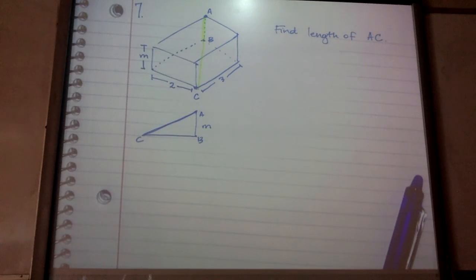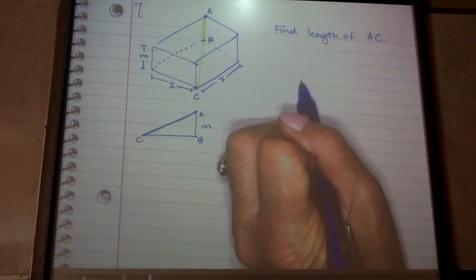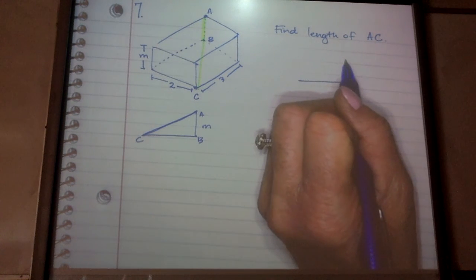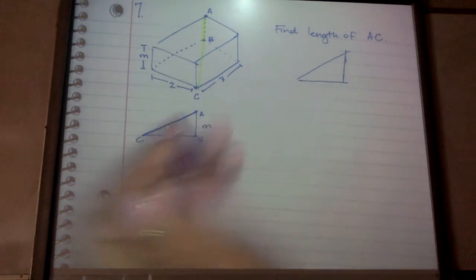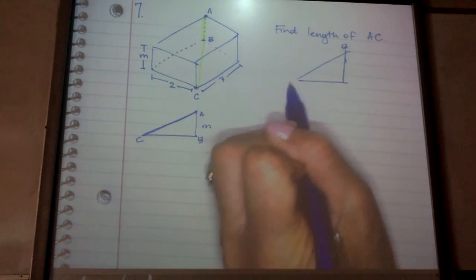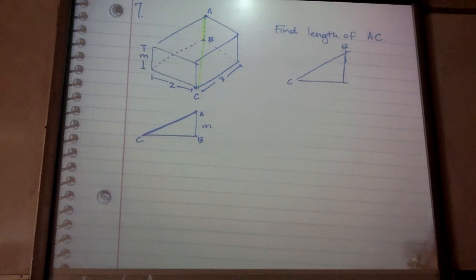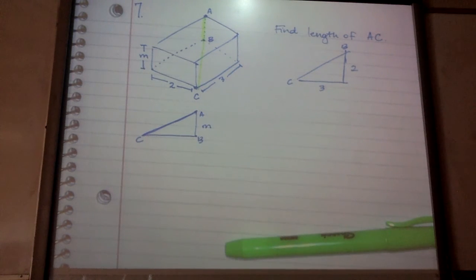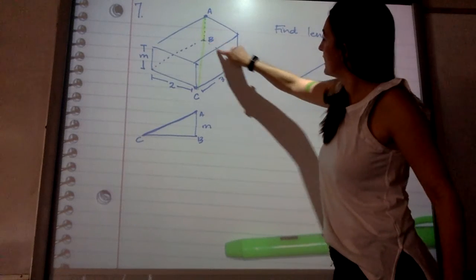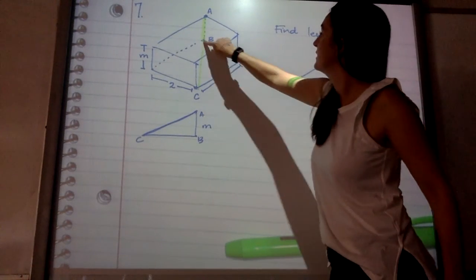I don't know what that is, but I bet that if we redrew this, BC would be, this would be 2 and this would be 3. I hope you can visualize that. Here's the triangle that I drew.